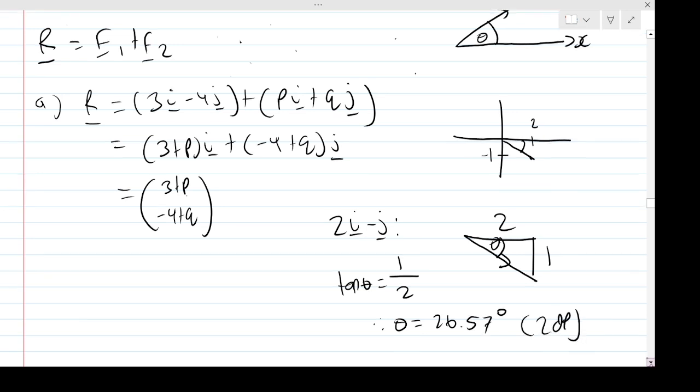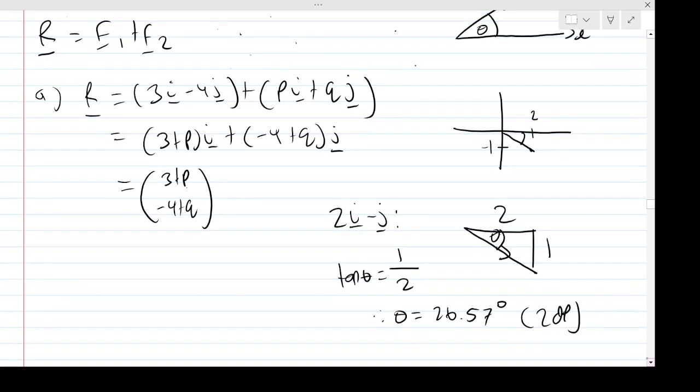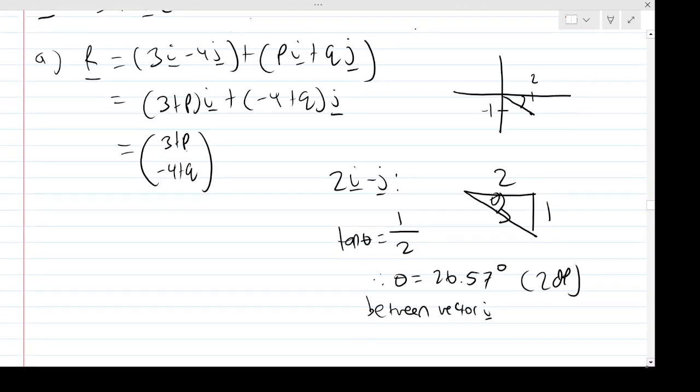So that's my angle theta between the vector i. Again, i represents the x-axis. I should say technically below vector i, because we're below the x-axis. But anyway, that's my angle.